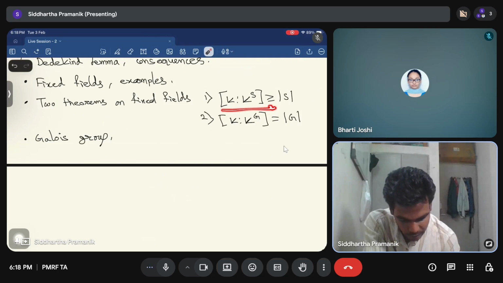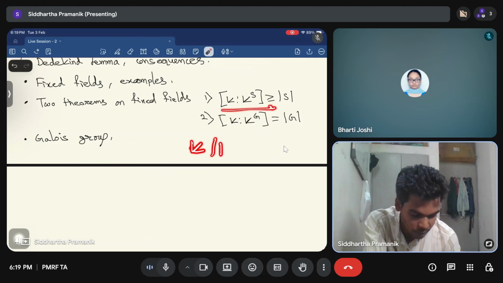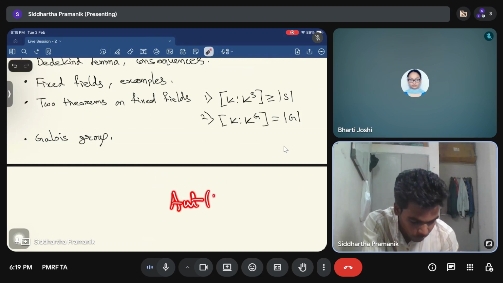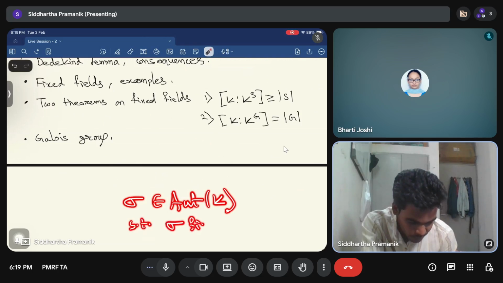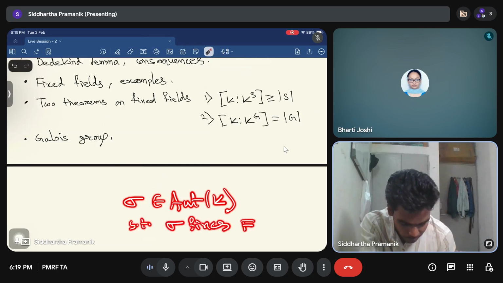Now we take an extension K over F and look at the automorphisms of K which fix the base field F. So sigma is an automorphism of K such that sigma fixes F, where K over F is the field extension.